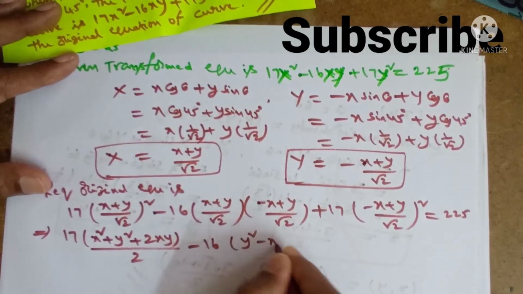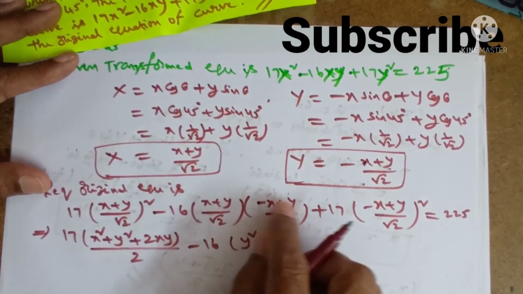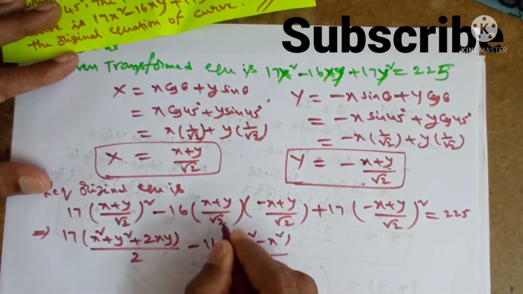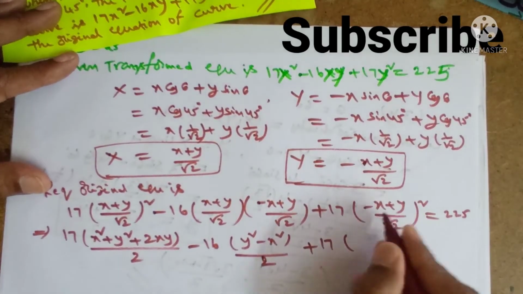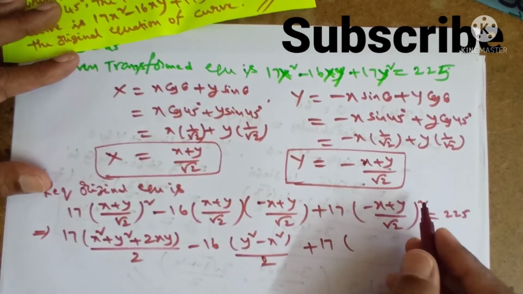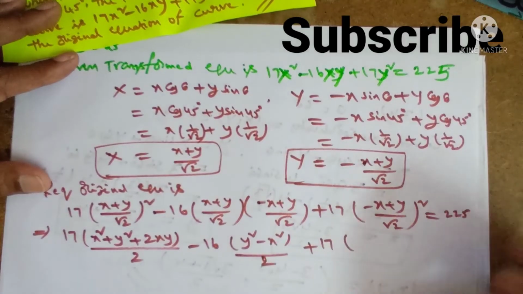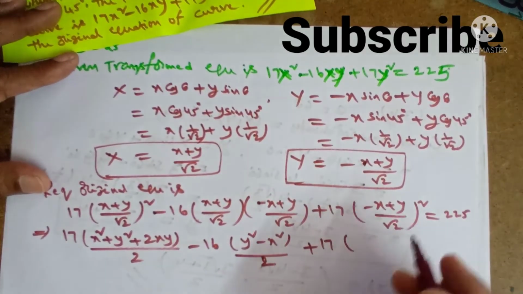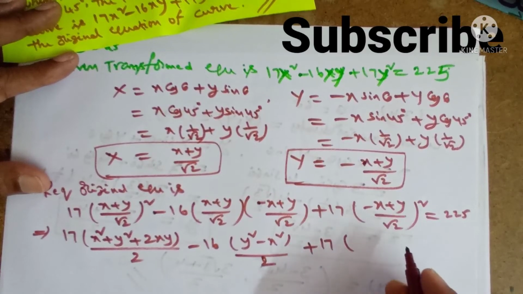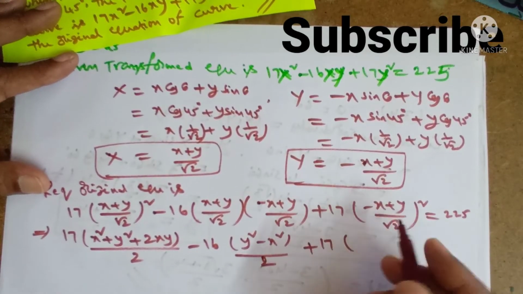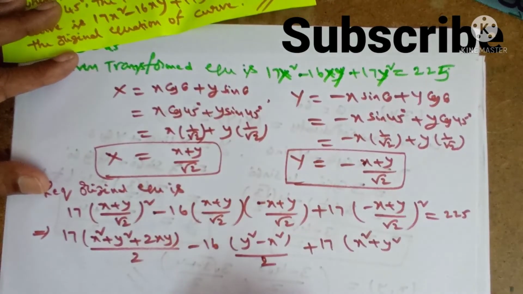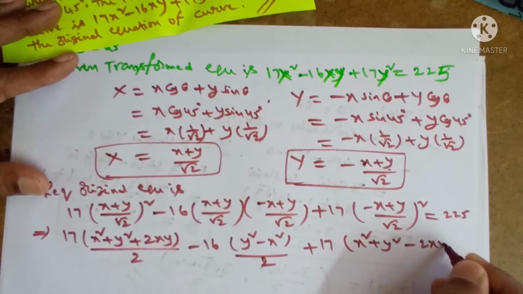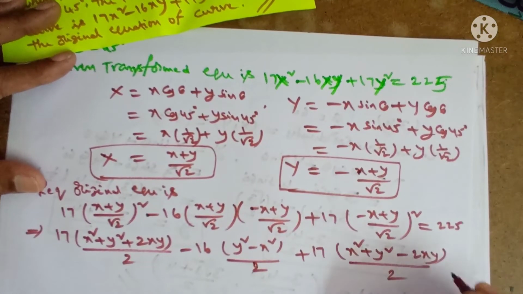We can write as y square minus x square, a plus b into a minus b, a square minus b square. Root 2 into root 2, 2. 17 into, this is minus x plus y, which means y minus x. Or otherwise like this only, a plus b whole square: a means minus x, square means x square, plus b square means y square, minus 2ab, minus 2xy, by 2 is equal to 225.